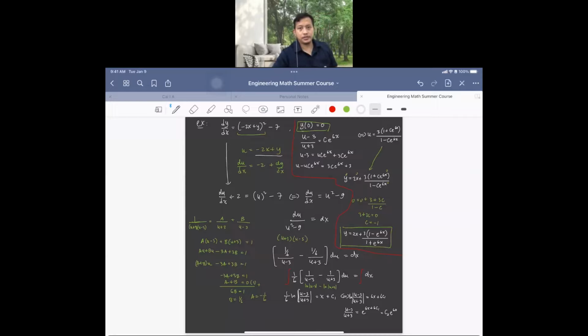Okay, let me start the higher order differential equation, and we start from 3.1, the theory of linear equations. But let me start with the second order.